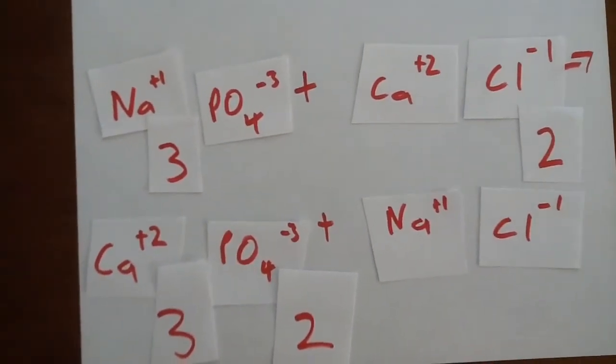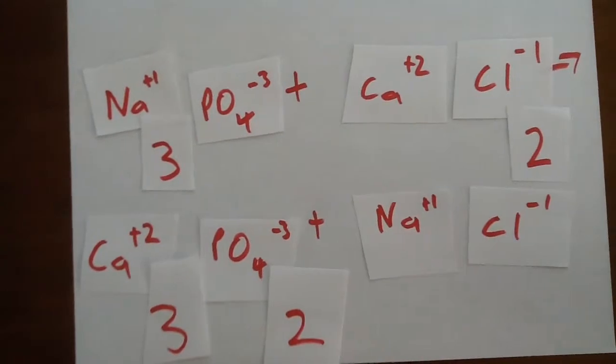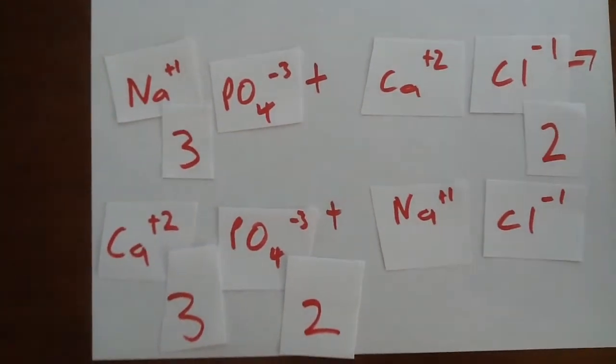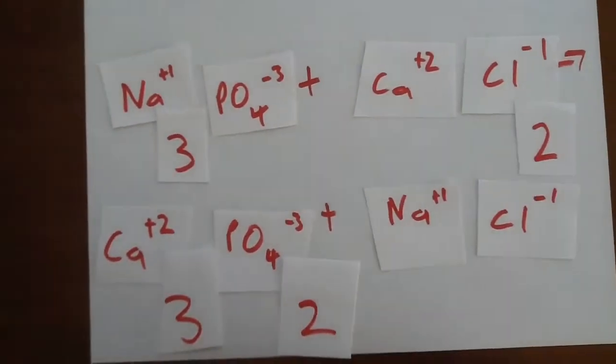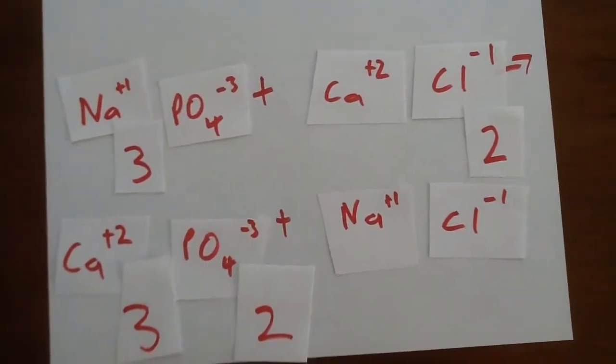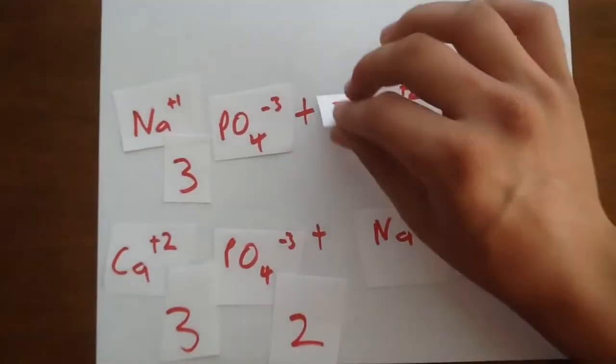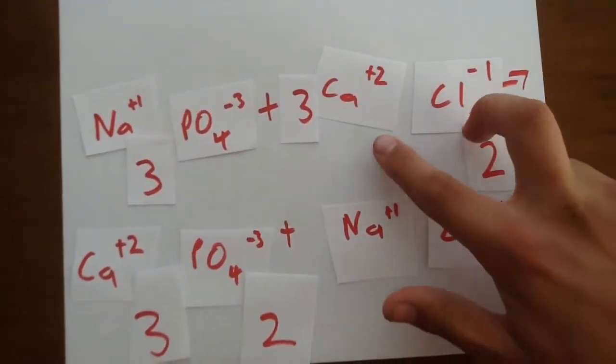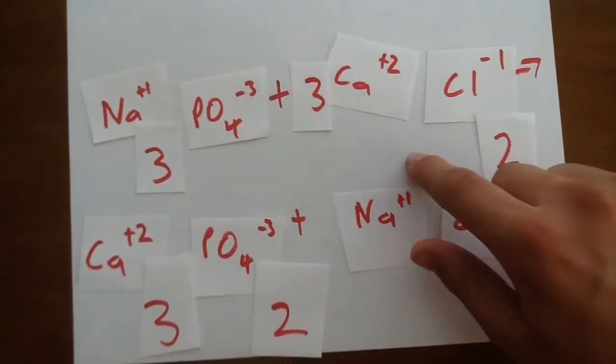And you need to put that in the beginning as well. So you need to make calcium have a total of 3 in the beginning, because this is already balanced, so you don't need to put a subscript there.